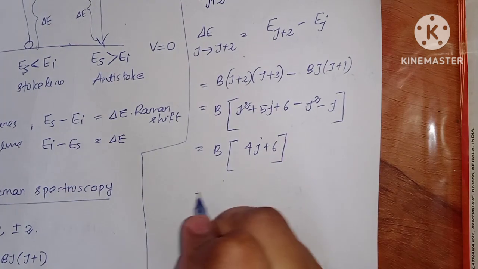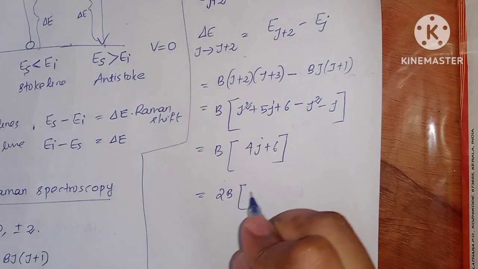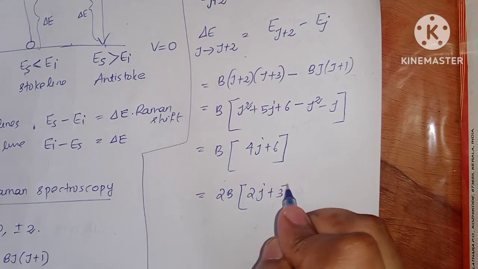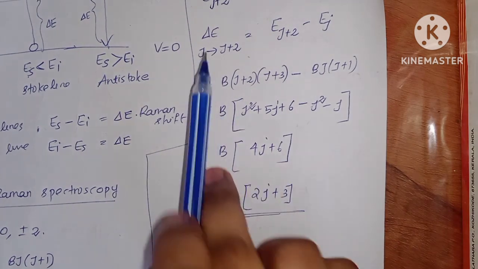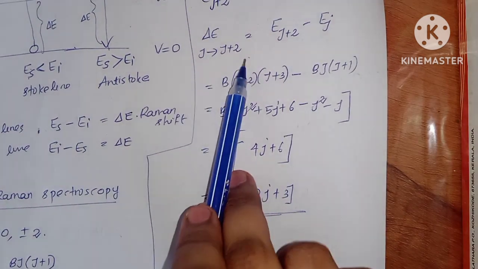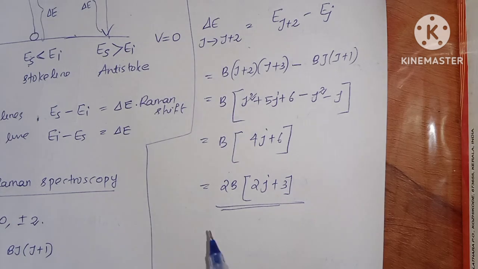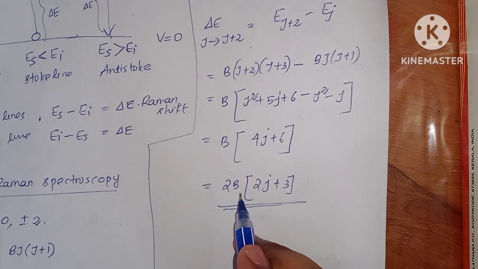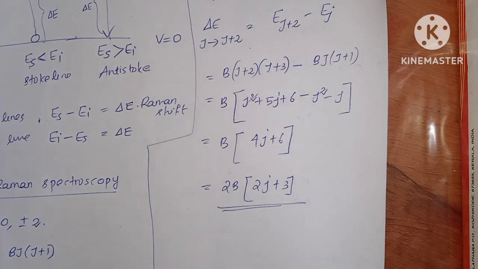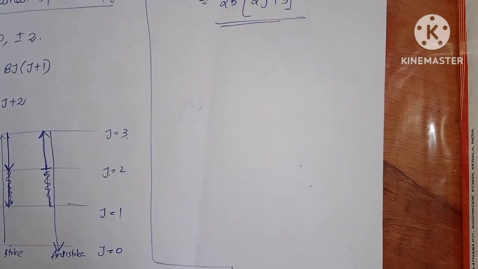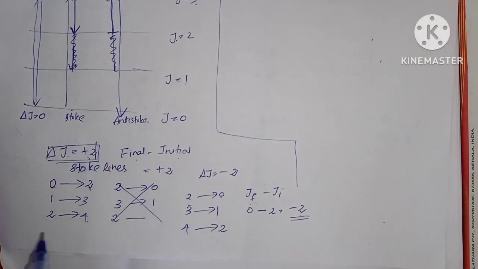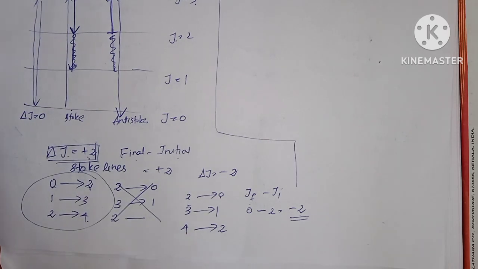If we are taking 2 outside, 2B into 2J plus 3 would be the delta E for the transition J to J plus 2. So for a transition J to J plus 2, we require an energy of 2B into 2J plus 3.